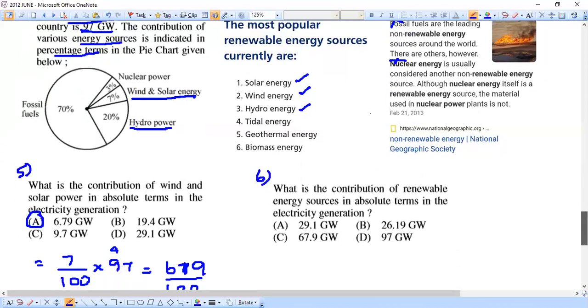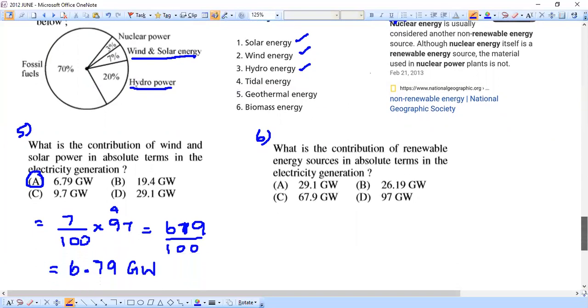They are wind and solar, which is 7%, and hydropower, which is 20%. Wind and solar energy is underlined here, 7%, and hydropower is 20%.